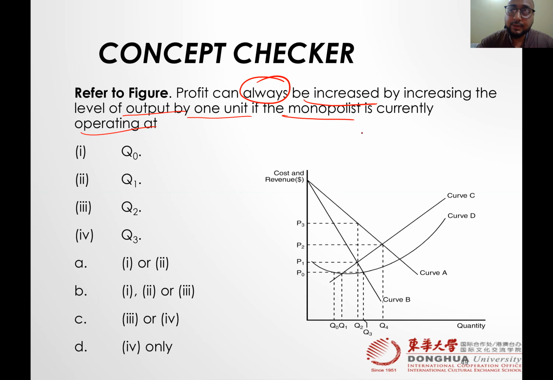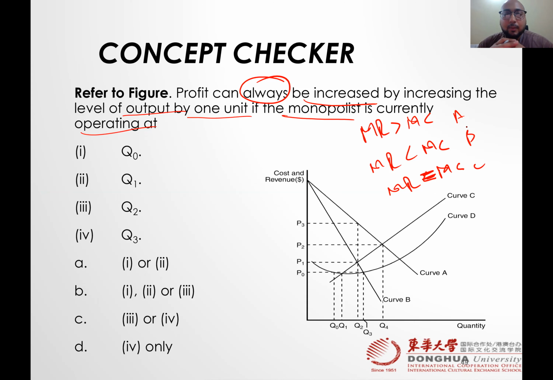So which condition is that one? Oh, sorry, this would be equal. If we are at condition A, then by producing more, your profit is going to increase.